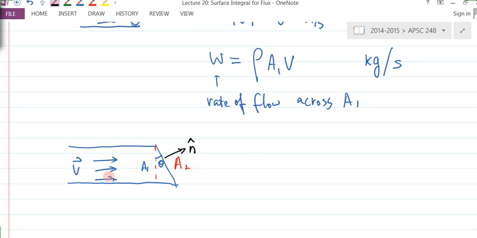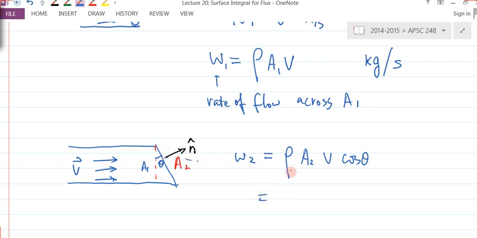So the amount of fluid passing through A2, let's use W2 for this one, since W1 is the previous one. It's going to be rho times A2 times V, but not the V anymore. It's going to be the projection of V in the direction of n hat. In terms of the geometry, it's times cosine theta.